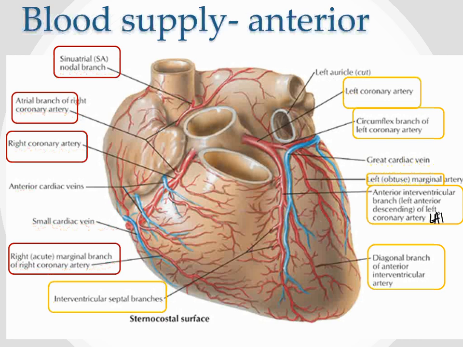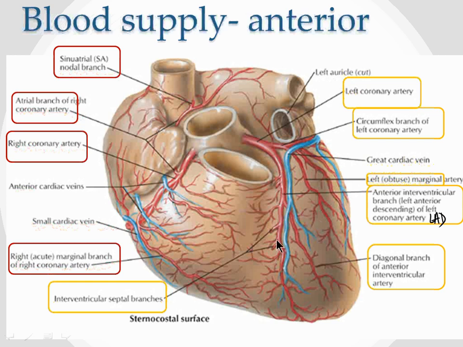So LAD, okay? And the second branch winds around this left border. So this second branch is called the circumflex branch. So this left coronary divides into LAD and circumflex branch.